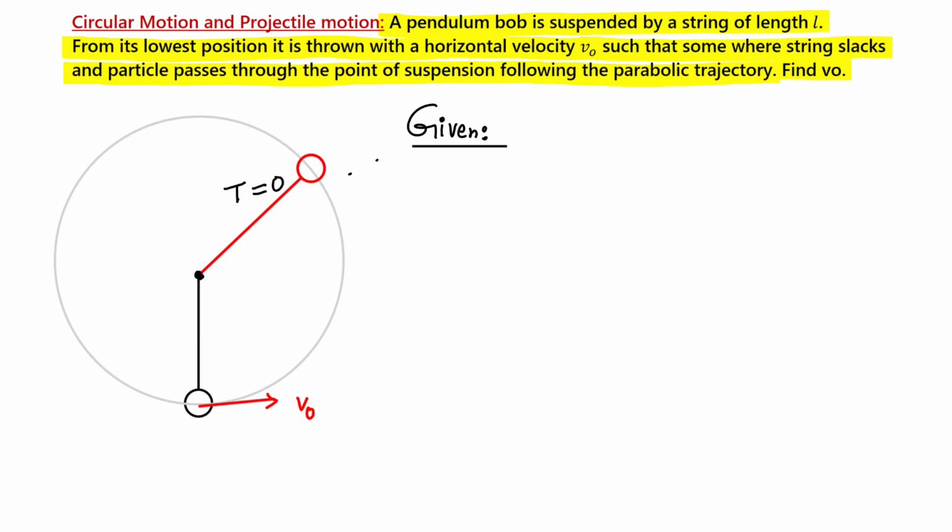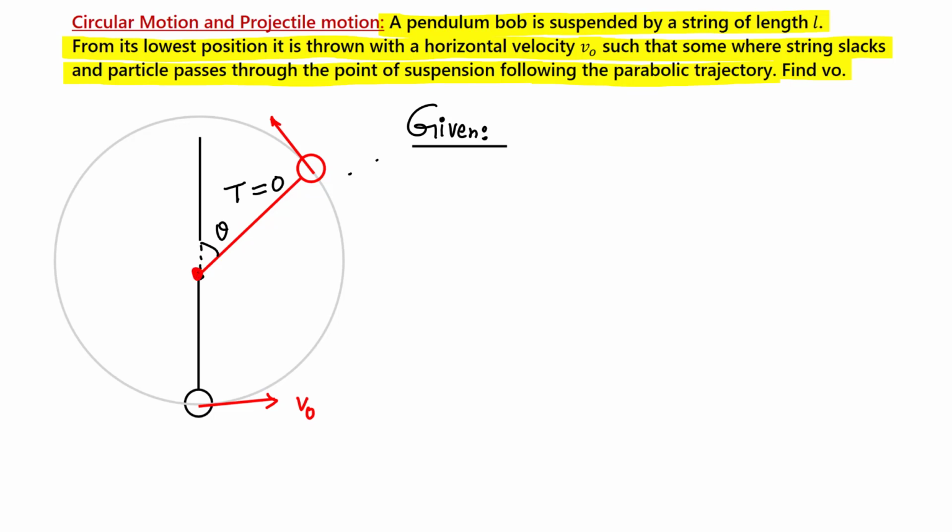So this is the point of suspension. Let us say the angle from the vertical is theta. At this point the bob moves in projectile motion, and the question says it passes through the point of suspension.